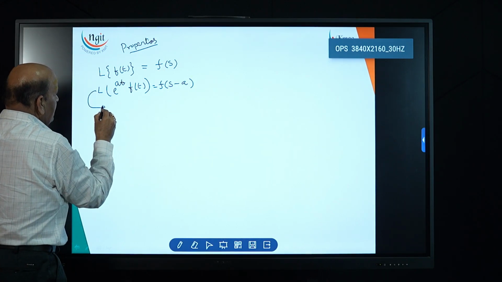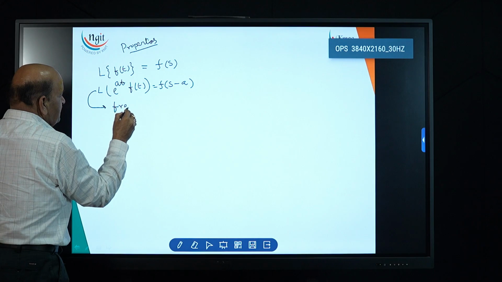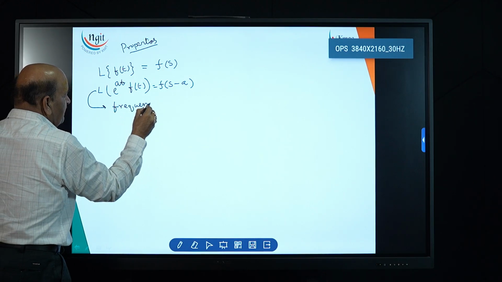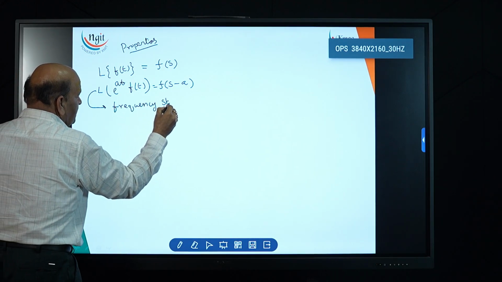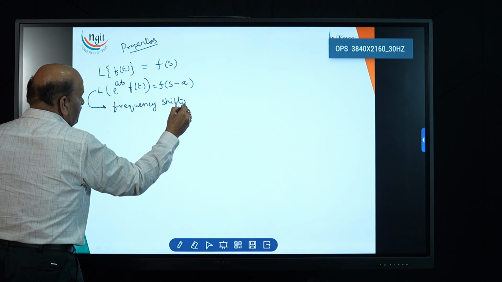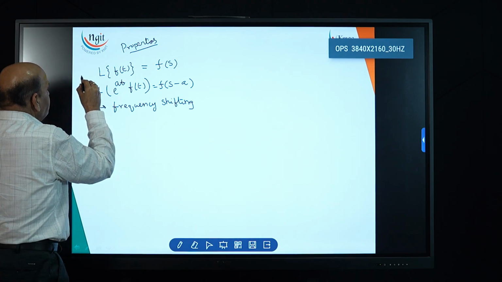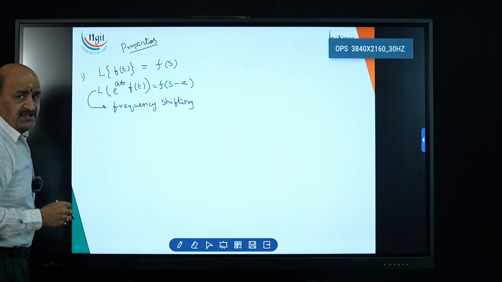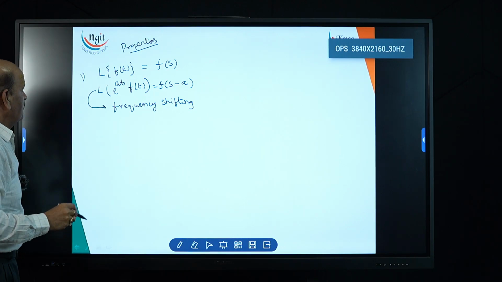This property is called frequency shifting. This is called frequency shifting, very important. Frequency shifting. Understanding?